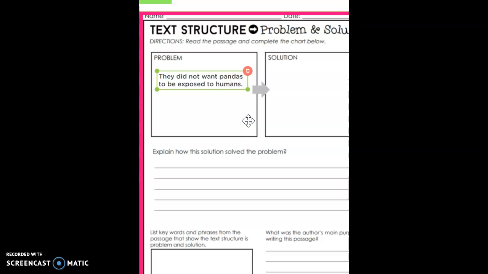So they were thinking, what could they do so that they would not be exposed to humans? And if you remember, their solution was something a little interesting.